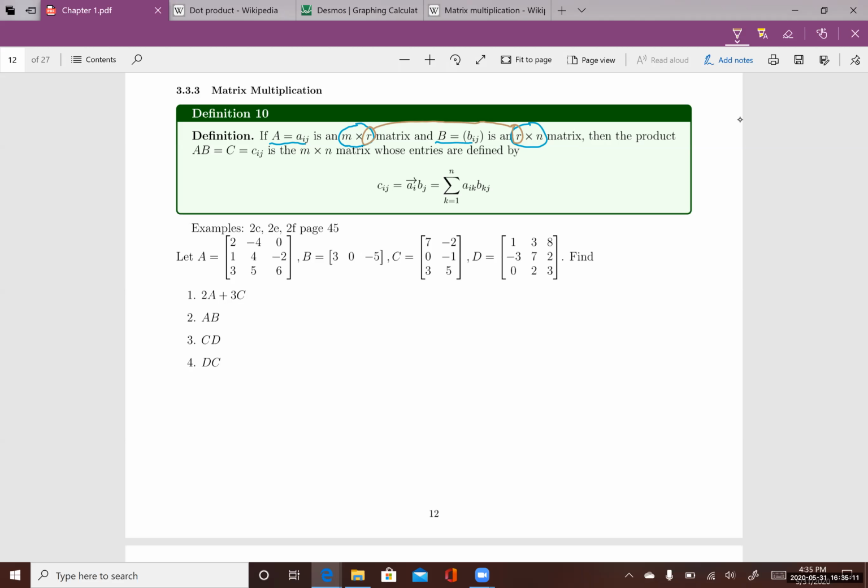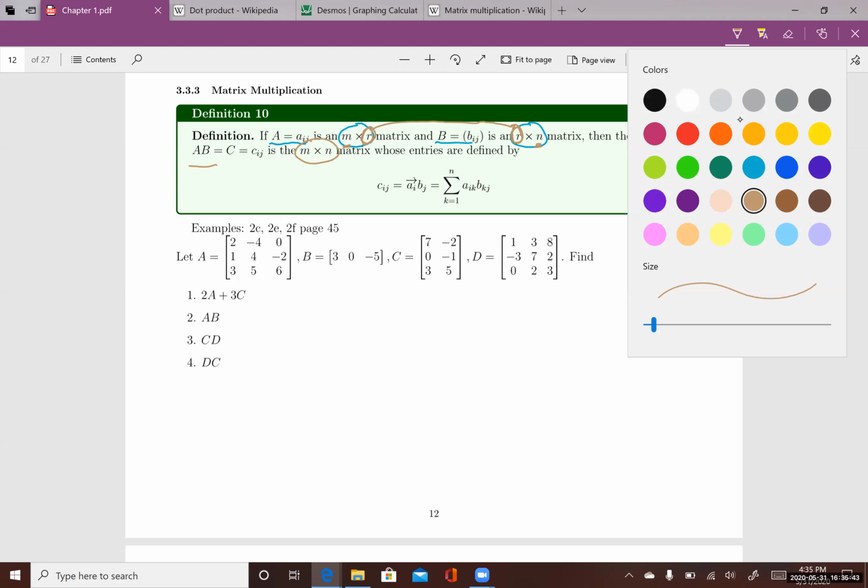Before you can multiply the two matrices together, you need to make sure that the inner dimensions of these two matrices are a match. And the outer dimensions m and n don't matter. So if you have m by r multiplied by r by n, then the product C will be of the size m by n.